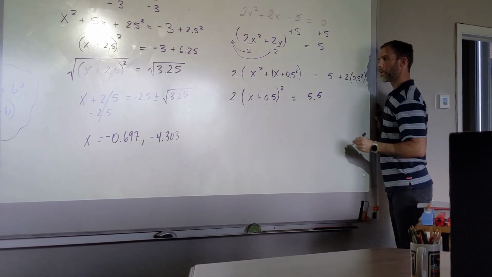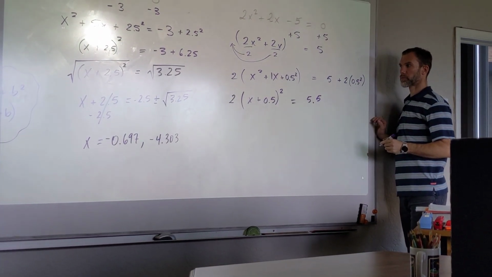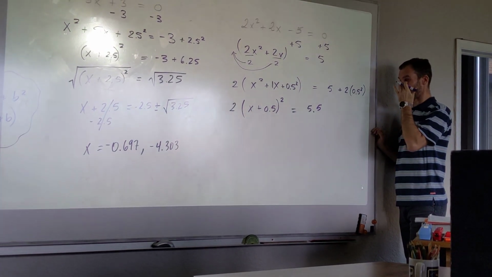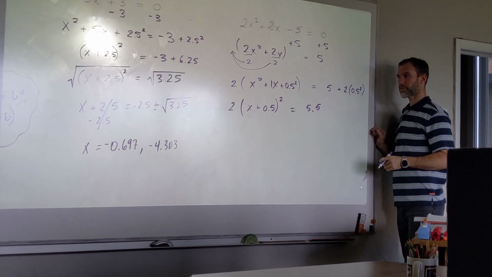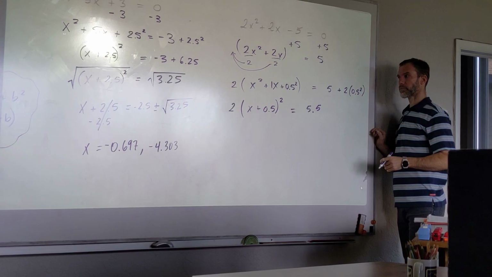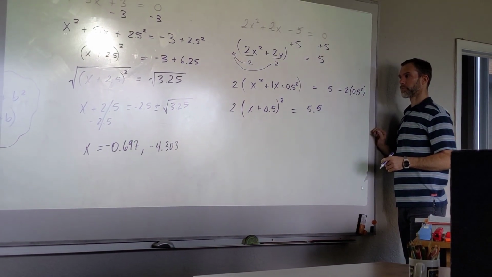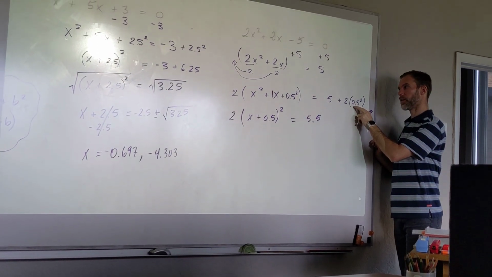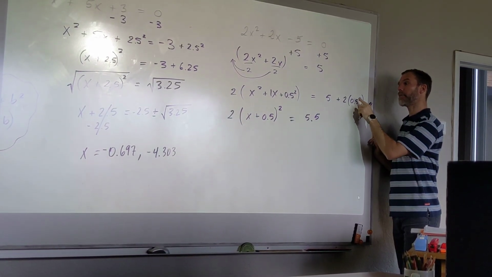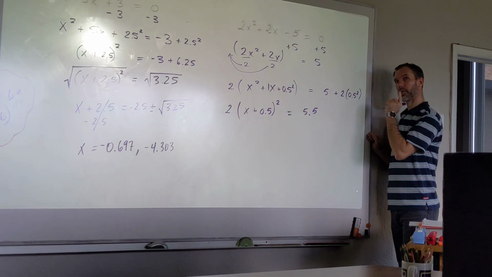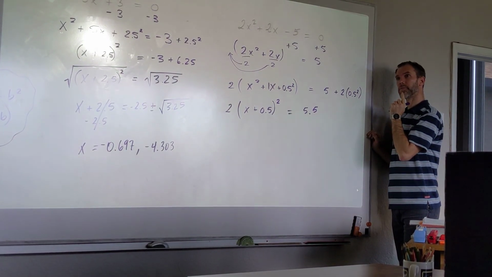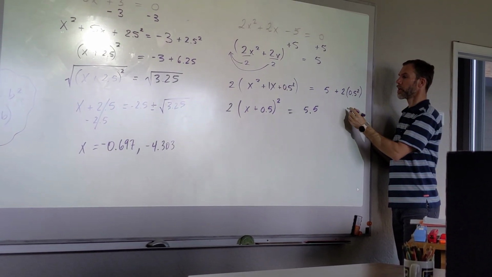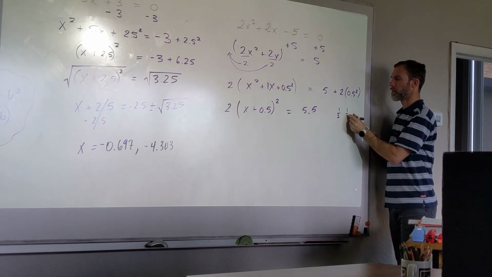Wait. So 0.5 squared is basically just saying half of 0.5, and then you just multiply it by 2 again. Squared isn't half of 0.5. It's 0.5 times itself. Right, but since that is half, half times half, it's half.